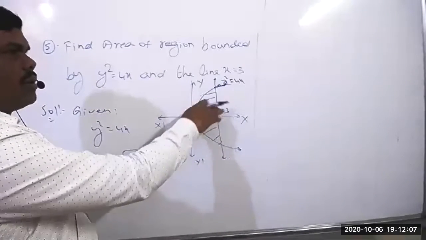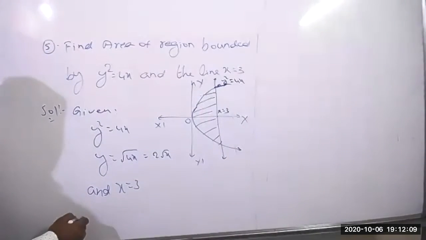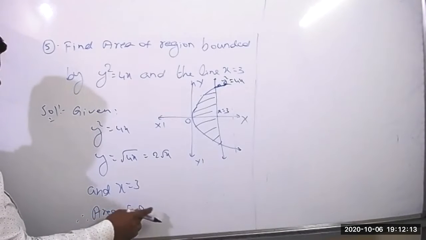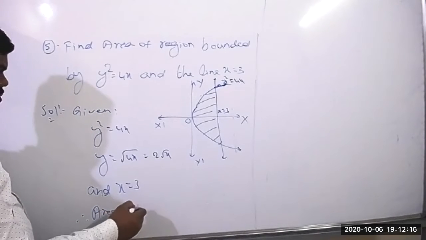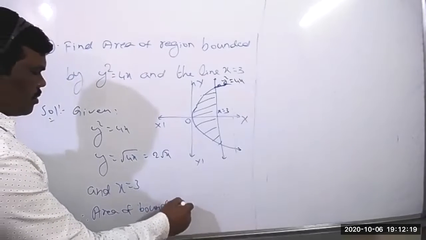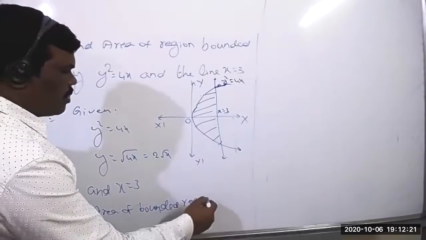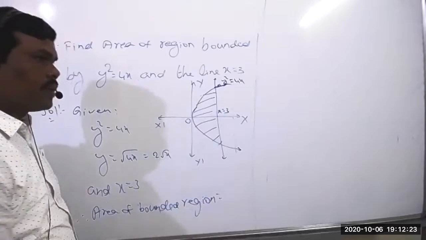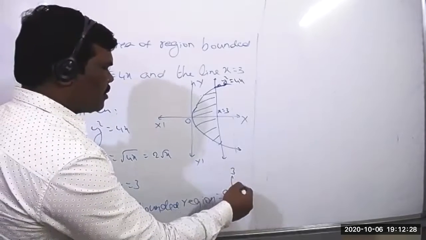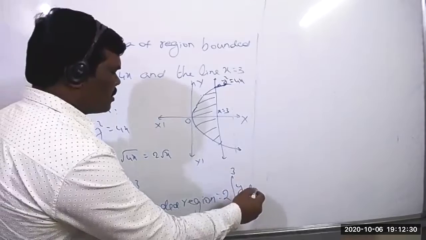Then you can take double. So therefore, area of bounded region is equal to 2 into integration of 0 to 3 y into dx.